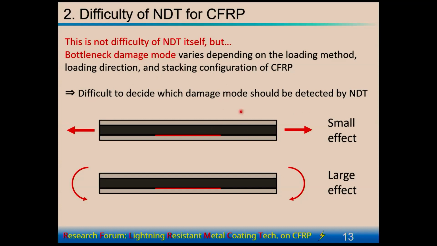So this is an example. You can see delaminations here. As you know, when we just apply a tensile load, these delaminations do not affect the structural integrity. But if we apply bending, then these delaminations cause reductions of the structural integrity. So these are the difficulties of NDT for CFRP.